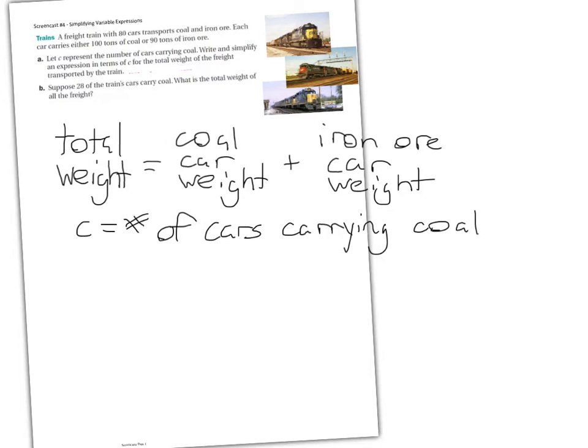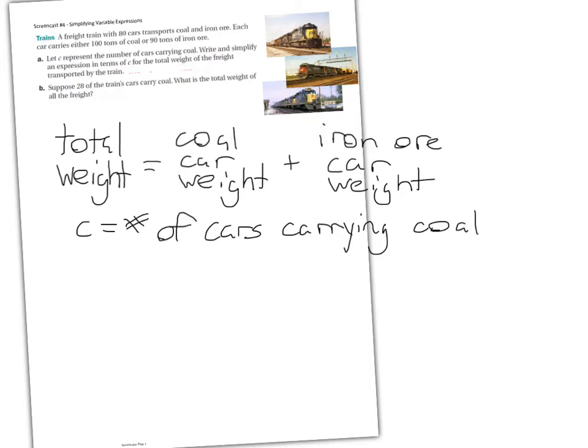A coal car carries 100 tons of coal. And since we're talking about weight, we know that one coal car is carrying 100 tons of coal. In other words, it's 100 tons. Which means if one coal car is carrying 100 tons, then two coal cars are carrying 200 tons.